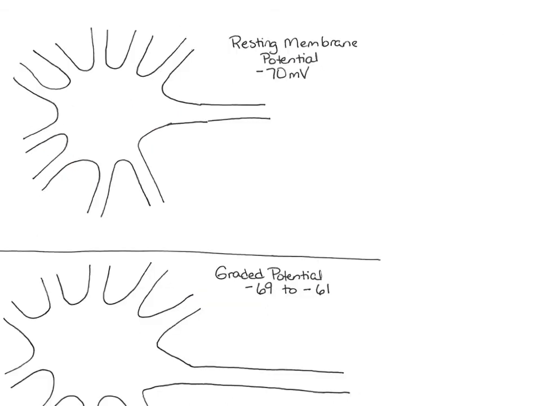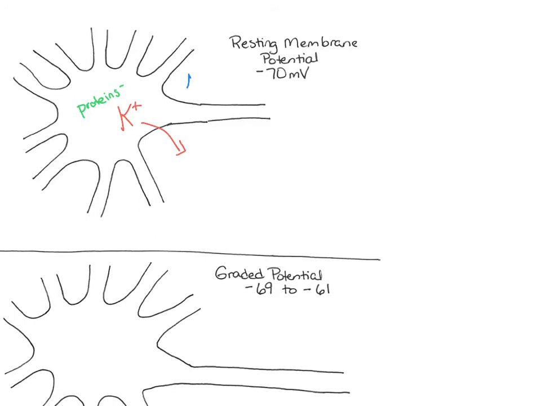So here in the picture above, we have the resting membrane potential at negative 70 millivolts. And again, the resting membrane potential is created because of the negatively charged proteins inside the cell and because of the electrochemical gradients of potassium and sodium, where the net potassium ions will move out of the cell and sodium will move into the cell.